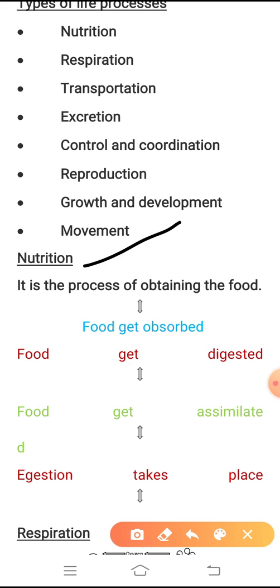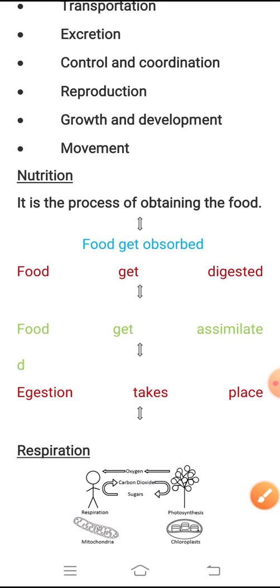I have very briefly given some points under nutrition. So what are we majorly going to discuss under nutrition? Firstly, we have to say the definition.